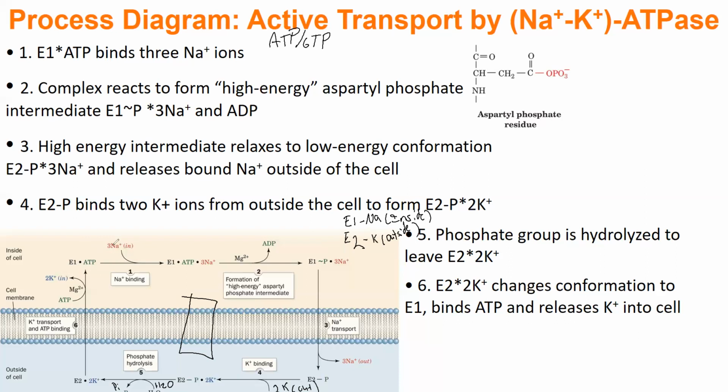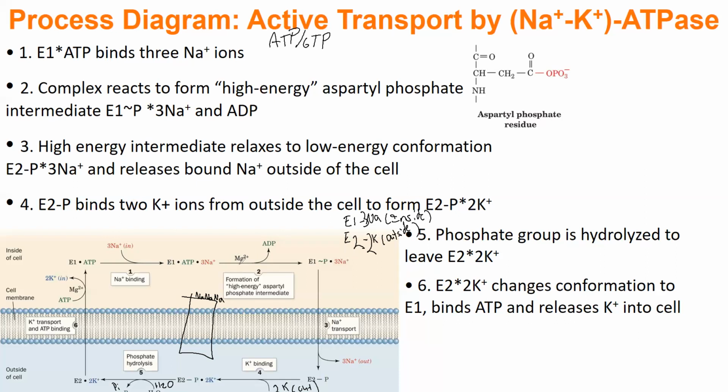And every time we do this, we're going to bind 3 sodium in E1 or 2 potassium in E2. So 3 sodium will bind to our enzyme. So we have 3 sodium. And we also have ATP. After that, we are going to hydrolyze our ATP.